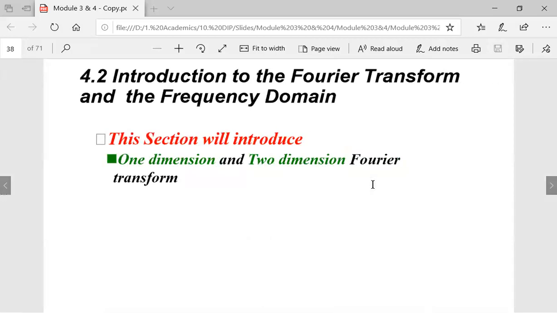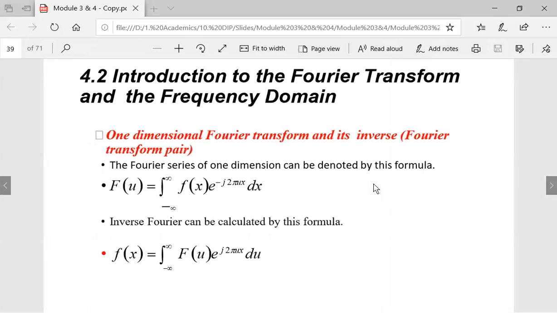In this section, we will be seeing one-dimensional and two-dimensional Fourier transformations. The one-dimensional Fourier transformation and its inverse look like this: F of u is equal to the integration from minus infinity to infinity of f of x e to the power of minus j 2 pi ux dx.